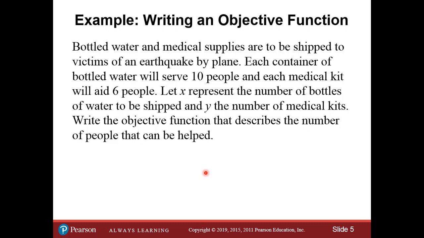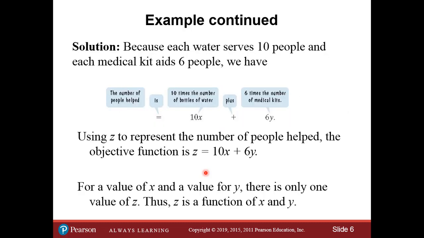So the number of people that can be helped by the bottles of water is 10 times Y, or excuse me, 10 times X. Since Y represents the number of medical kits, and each medical kit will aid 6 people, we represent the total number of people helped with the medical kits as 6 times Y.